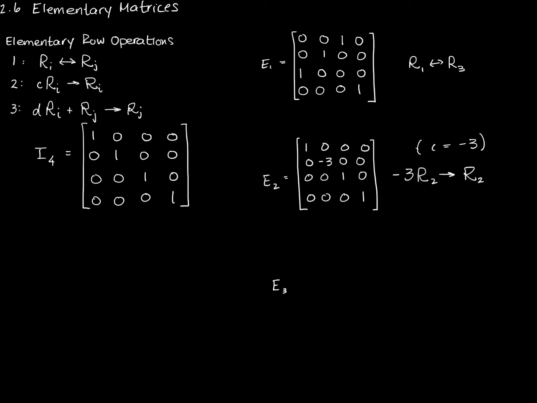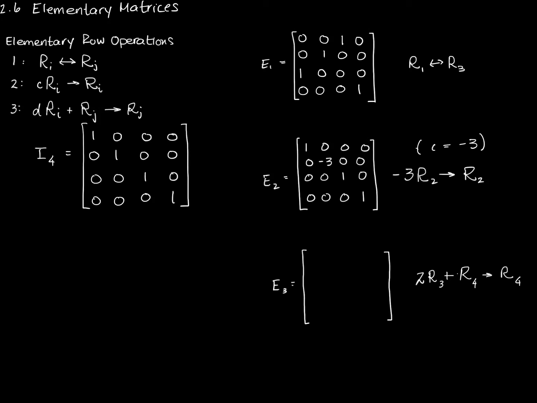Elementary matrix 3 is going to be what I get when I take one row, multiply it by a constant, add it to another row, and replace the second row with the result. And I'm going to use 2 for my constant this time, and I'm going to work with rows 3 and 4.